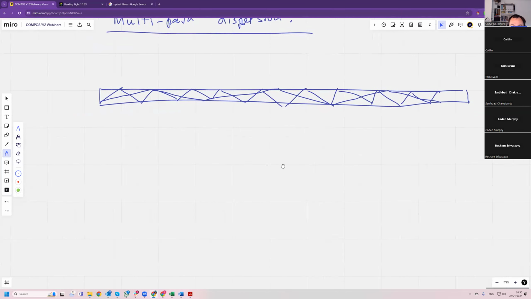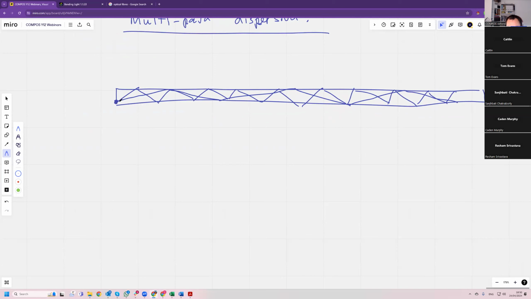And the same signal, well, one signal. So for example, 1 bit.